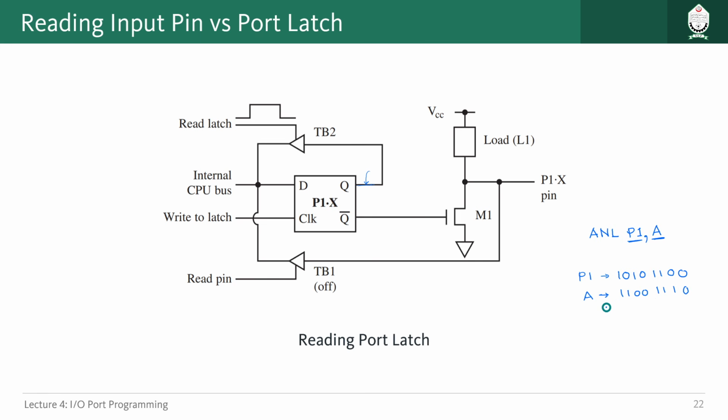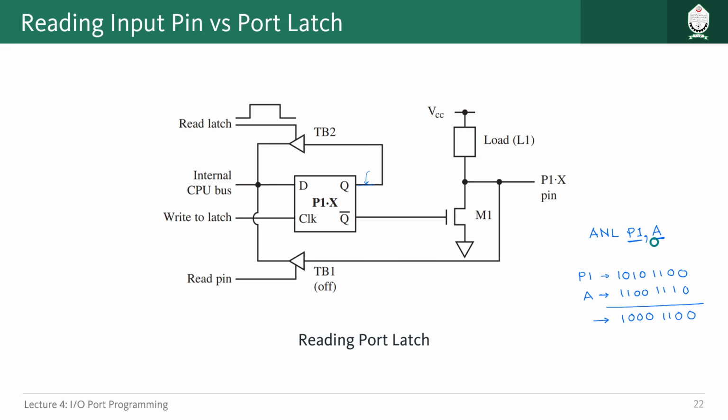If you do bitwise AND, you are going to get 1000 1100. So if both of the bits are 1, only then the output will be 1.